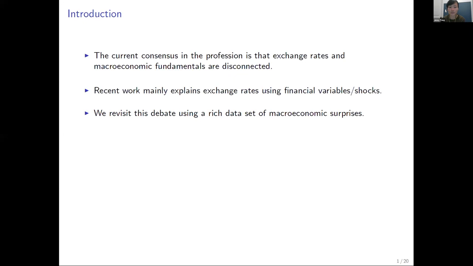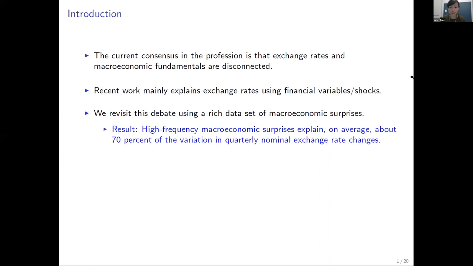And we revisit this debate using a rich data set of macroeconomic surprises. So our main result here is that high frequency macro surprises can actually explain on average about 70% of the variation in quarterly nominal exchange rate changes.